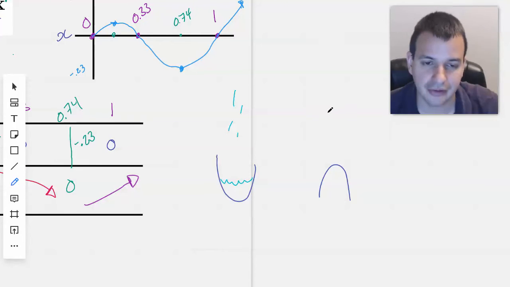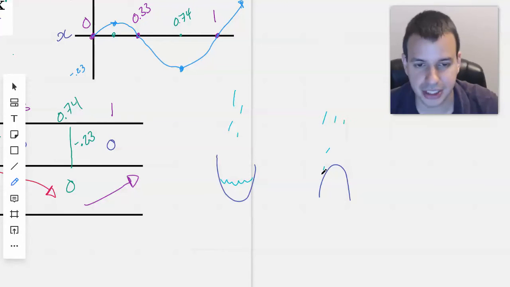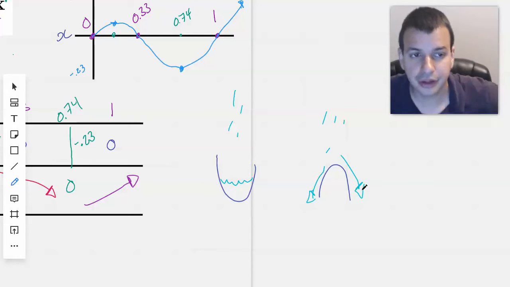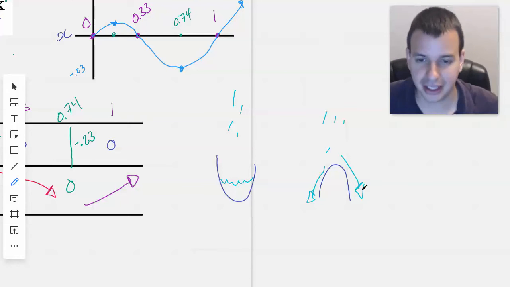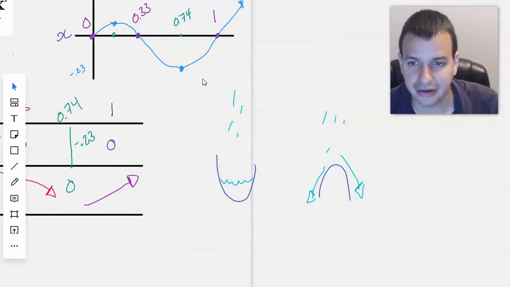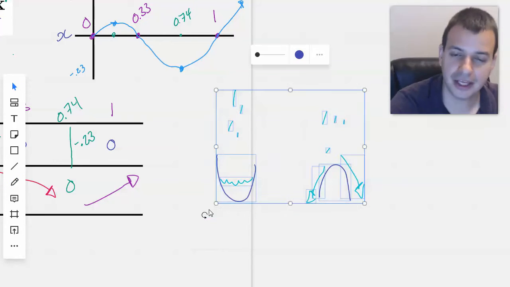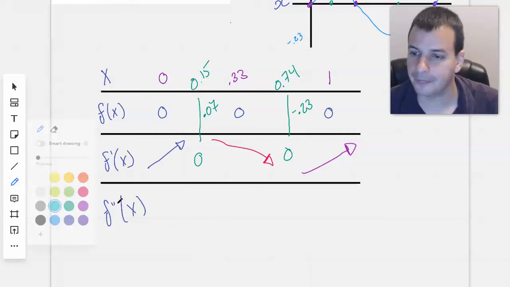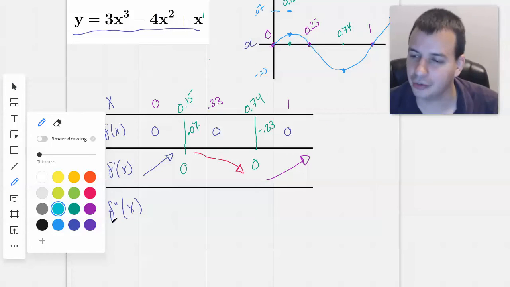If you have negative concavity like this, water comes down, it's going to run off the side and not hold water. So in a layman's way of saying it, if it can hold water, positive concavity. If it doesn't hold water, negative concavity. And that's the easiest way for me to visualize what's going on here. And so I erased the derivative, didn't I?